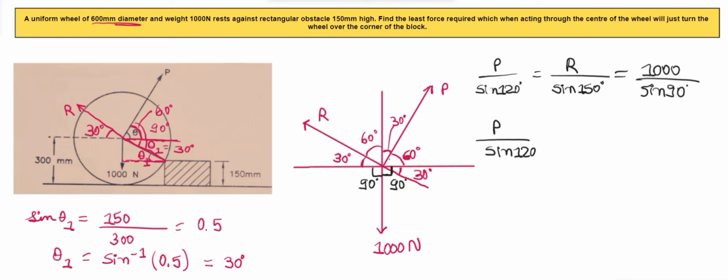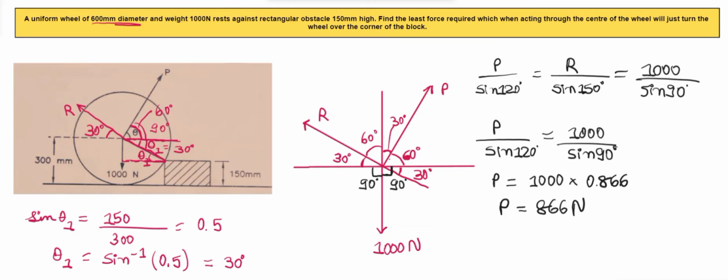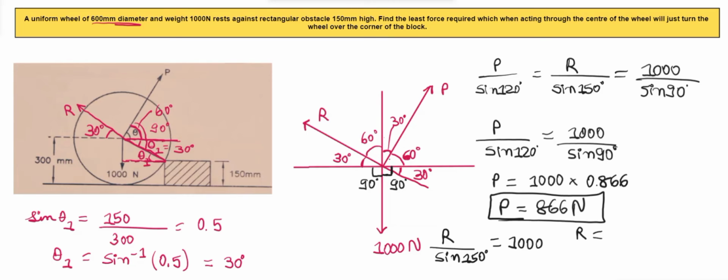P upon sine 120 degree, we'll compare it with 1000 upon sine 90 degree, which is P is equal to 1000 into sine 120 degree, which is 0.866. So we'll get P is equal to 866 Newton, and R upon sine 150 is equal to 1000 upon 1. So it will be R is equal to 1000 into 0.5. R will be equal to 500 Newton.